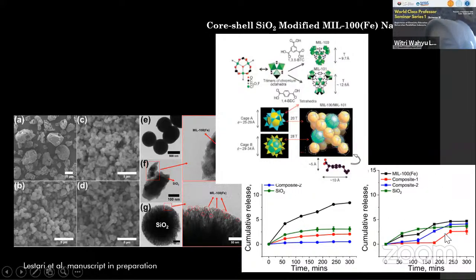But if we put the composite based on silica, here the composite one, it means the MOF is protected by the silica, and it has a slower release. It means the presence of the silica as a composite will protect the MOF from leaching.